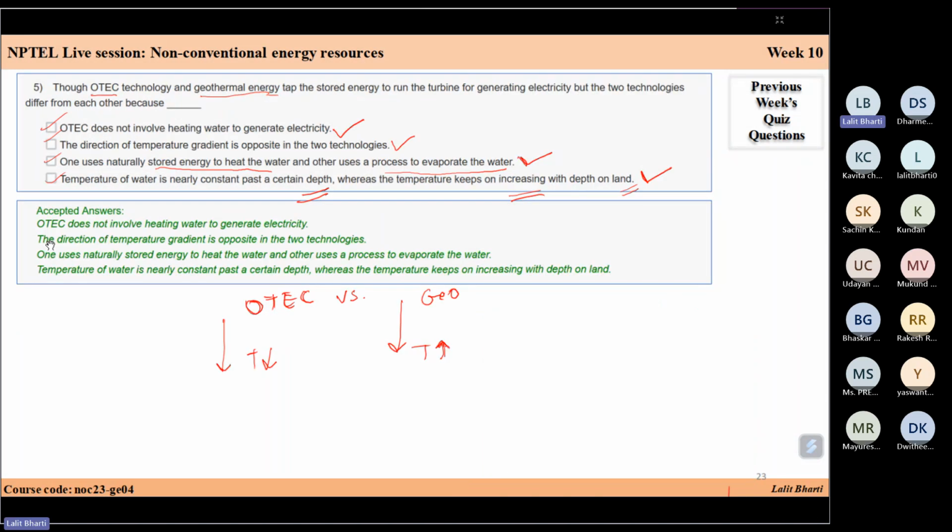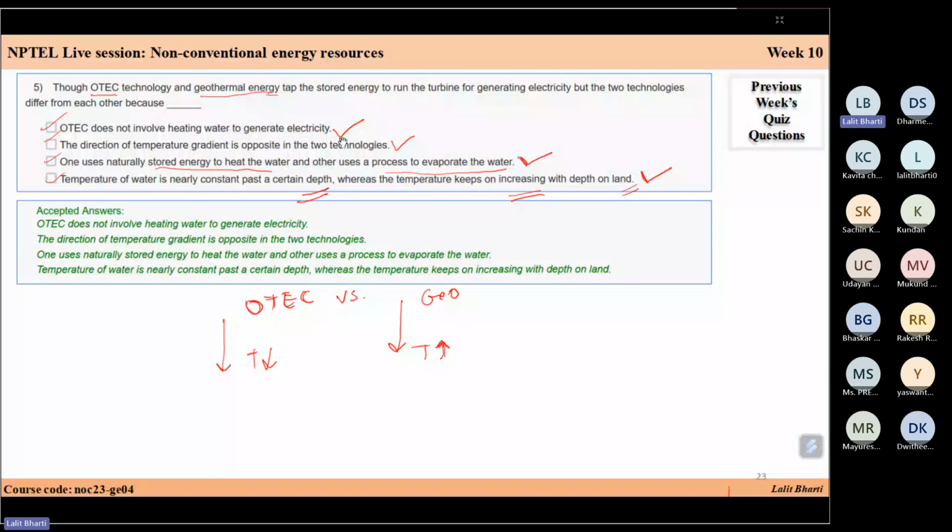Then we have the fifth question, again on the OTEC type of system. It says, though OTEC technology and geothermal energy tap the stored energy to run the turbine for generating electricity, the two technologies differ from each other because... so we need to see what the differences are. OTEC does not involve heating water to generate electricity.